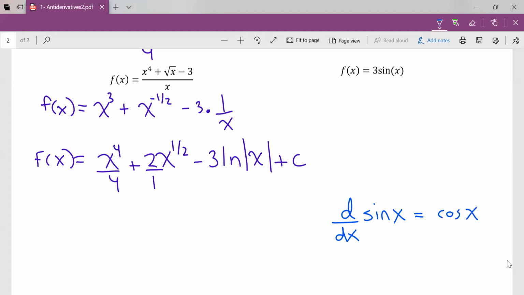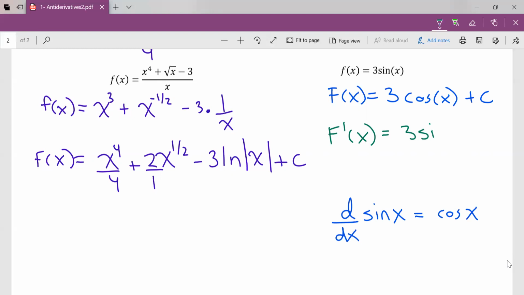Okay, so my immediate inclination is to say, okay, so the antiderivative then would be 3 cos x plus c. Okay, I go to check my work. So I take the derivative of the antiderivative. Well, wait a minute, what's the derivative of cosine? Derivative of cosine isn't sine, it's negative sine. Ah, that's not what I began with. I began with positive 3 sine x.